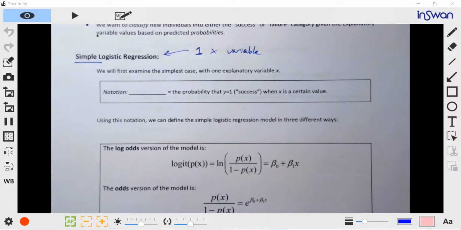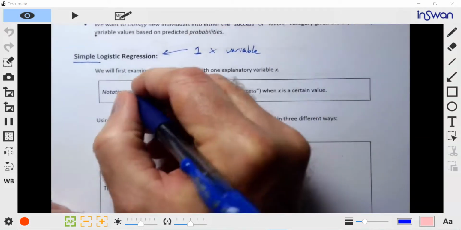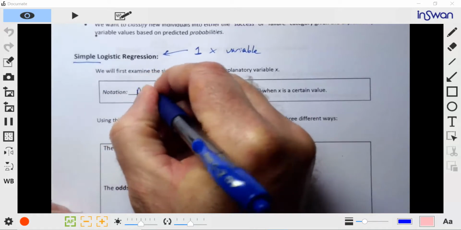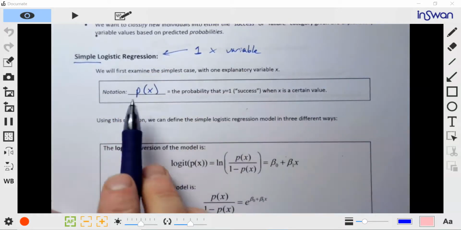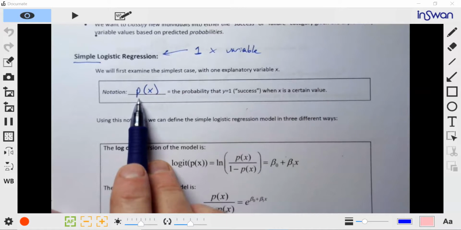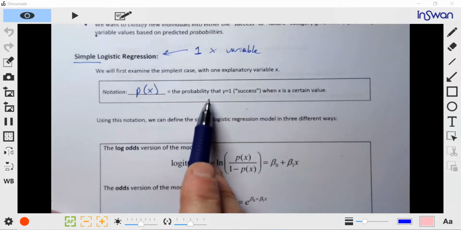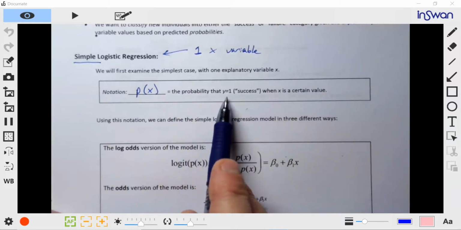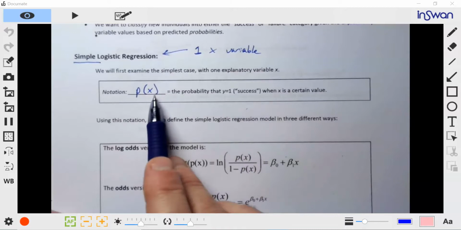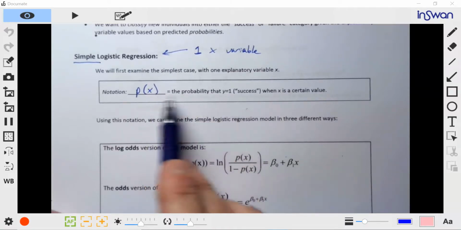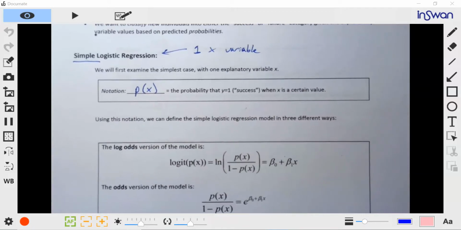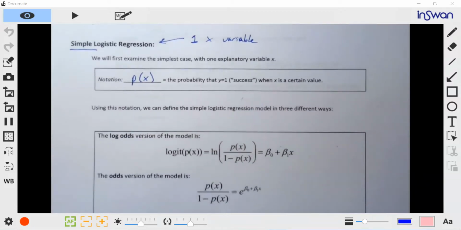And some notation I'm going to use is I'm going to let P of x stand for the probability that the response variable equals 1, or success, when x takes on a certain value. So the probability that y equals 1 is going to depend on x. So this is the notation that I'll use throughout.